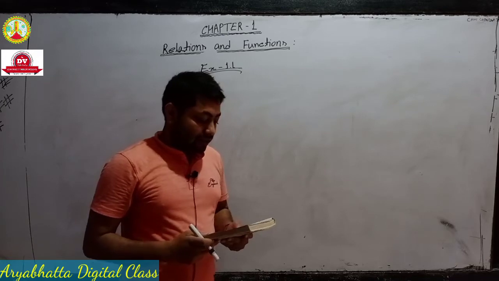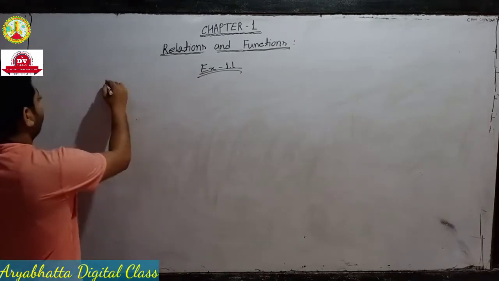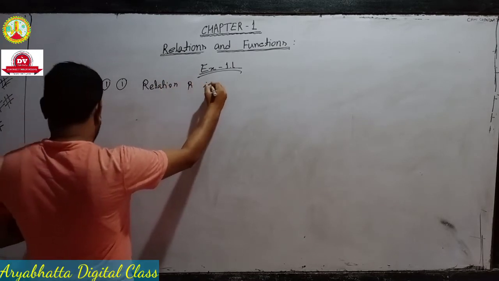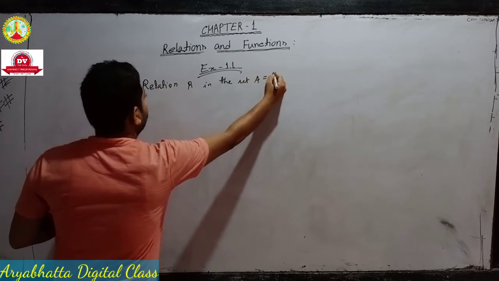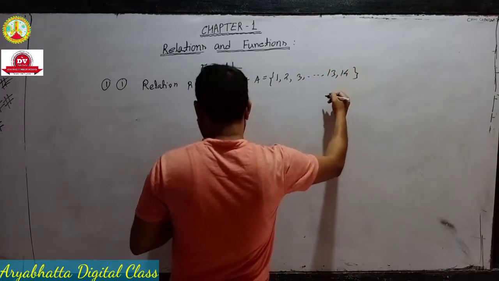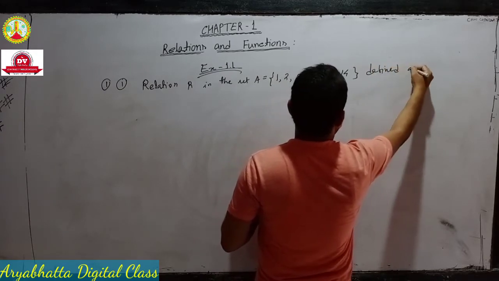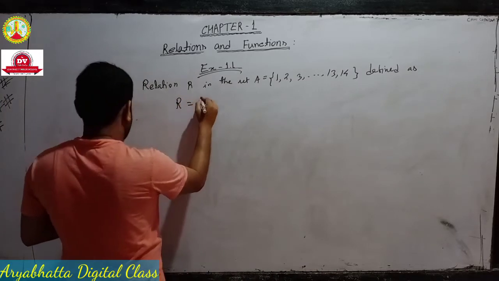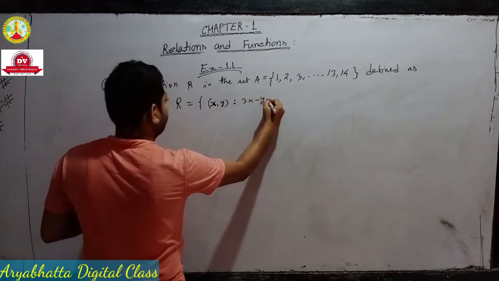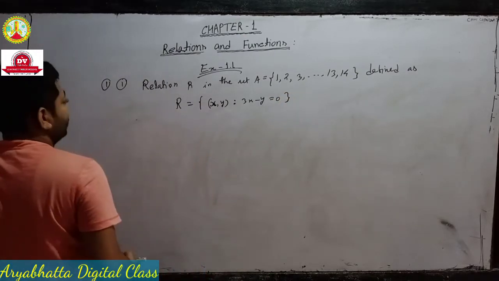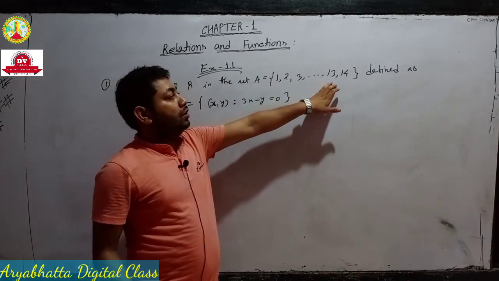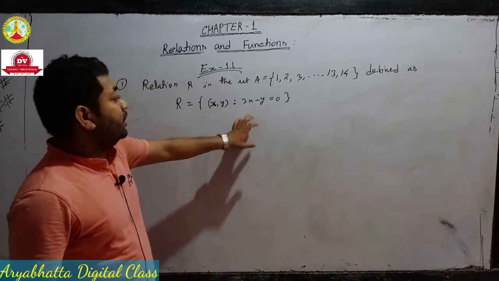Number 1, relation R in the set A equal to {1, 2, 3, 13, 14} defined as R equal to ordered pairs (x, y) such that 3x minus y equal to 0.